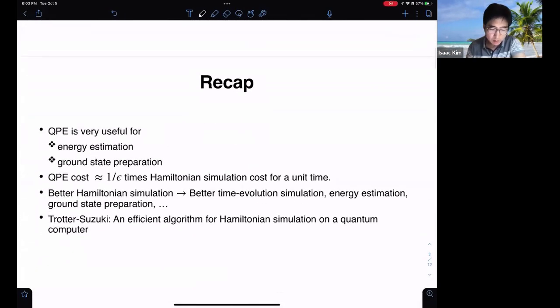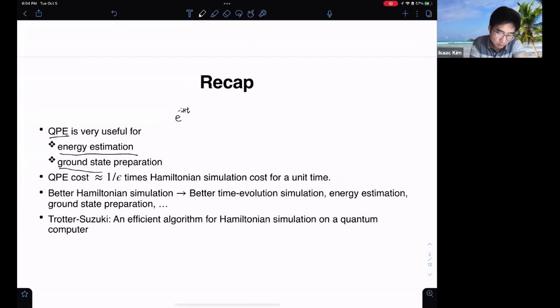Okay, but just to be clear on the motivation, last time we talked about many things. We talked about quantum phase estimation. If you have an ability to perform Hamiltonian simulation, by which I mean if you can apply e^{-iHt}, you can leverage this ability to do other tasks as well, such as energy estimation given an energy eigenstate.